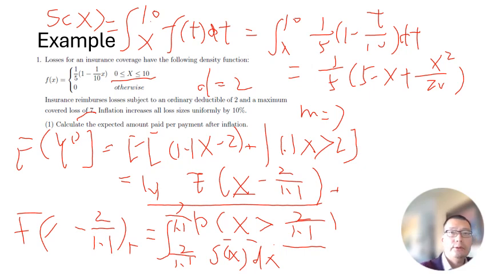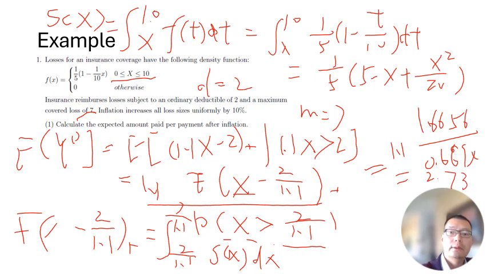So eventually this will become 1.1 times 1.6656 divided by 6696, you will get 2.7. This is in the notes, so you can look at the middle steps from the notes if you are not familiar with this part.